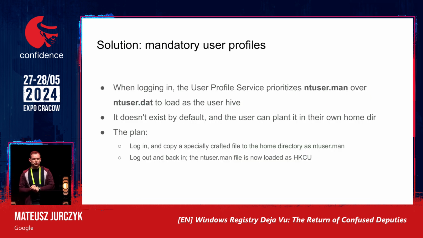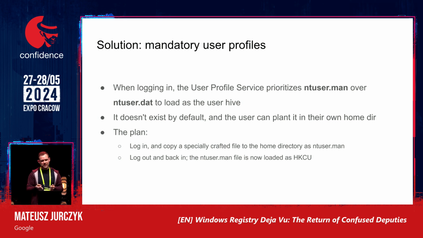Thankfully, there is a solution to the first problem, and it is a nice hack called mandatory user profiles. Basically, there's a special logic in the user profile service, which is responsible for loading user hives, which, before looking for the NTUSER.DAT file, looks for another hive file called NTUSER.MAN. And if that file exists, it just loads it instead. It has its uses in some scenarios.